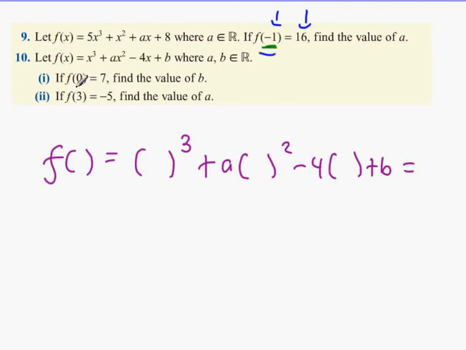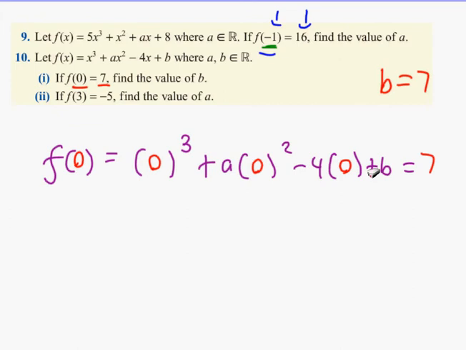What's the input for the first part? 0. What's the output? 7. Have a look at that, and we're going to get 0, 0, 4 times 0, 0, and you're going to get b equals 7. Alright with that? b equals 7.